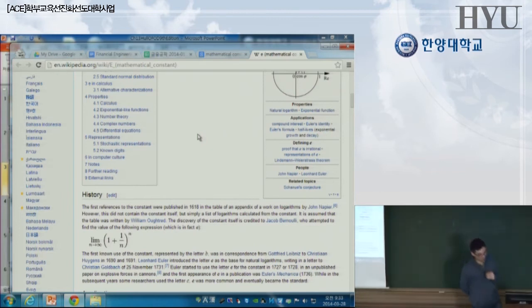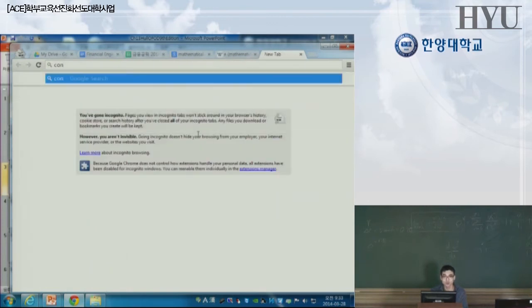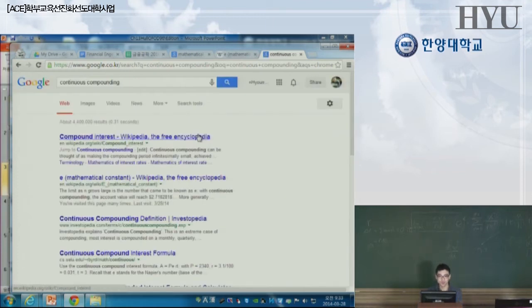Then what is continuous compounding? I don't want to use chalk. Let's use graph. So, continuous compounding. Continuous interest, continuous compounding definition, continuous compounding interest formula.